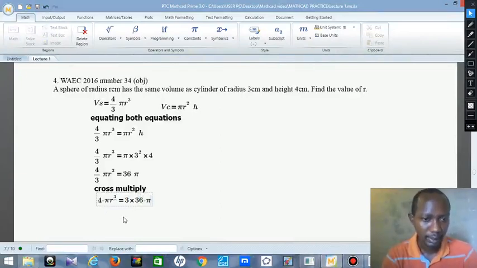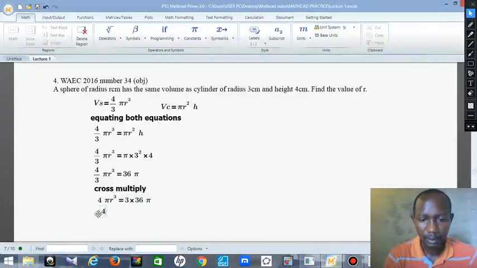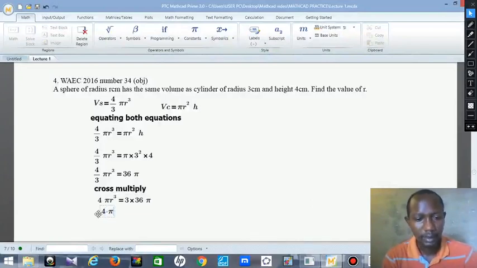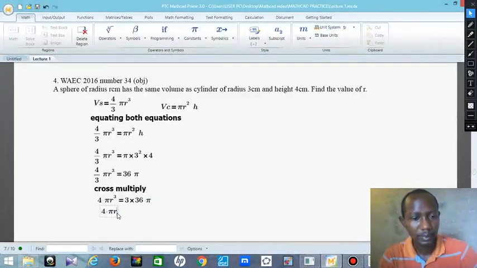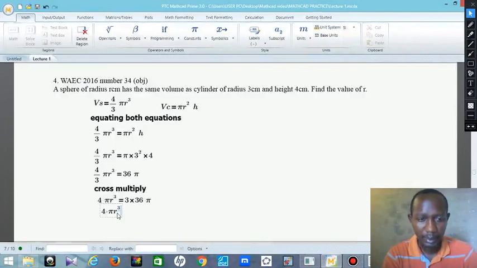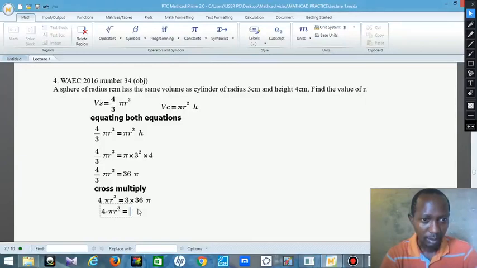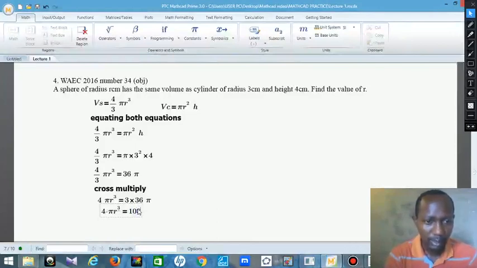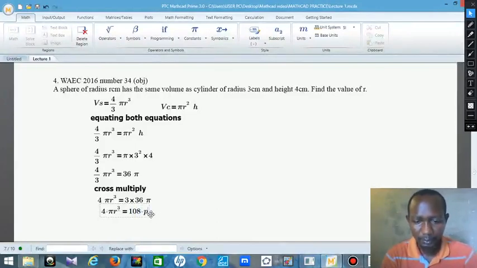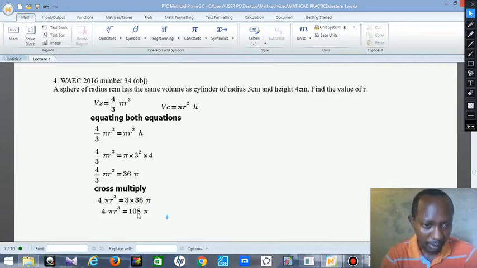So 4 pi r cube is equal to 3 times 36, which is 108, giving us 108 pi. Let's check, make sure we are correct. 3 times 6, 18, 3 times 3, 9, 10, 8, so it's correct.